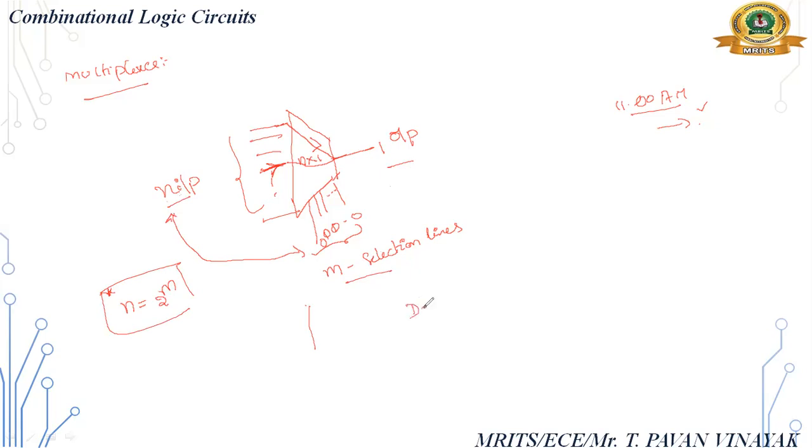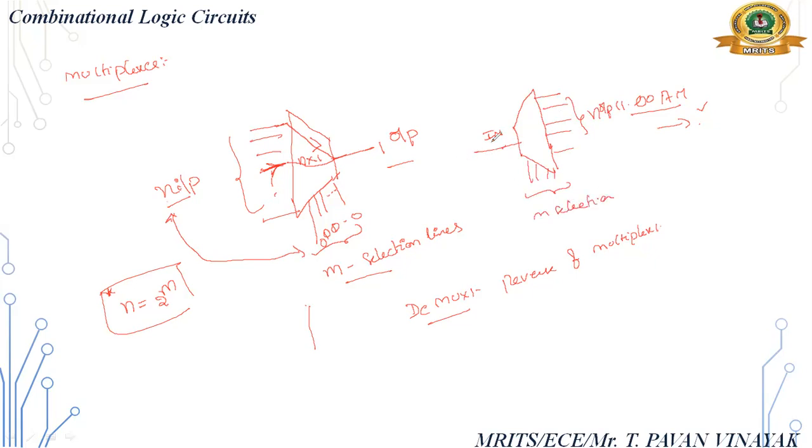A demultiplexer is the reverse of a multiplexer. It means only one input and n outputs, and the selection lines are common: m selection lines.